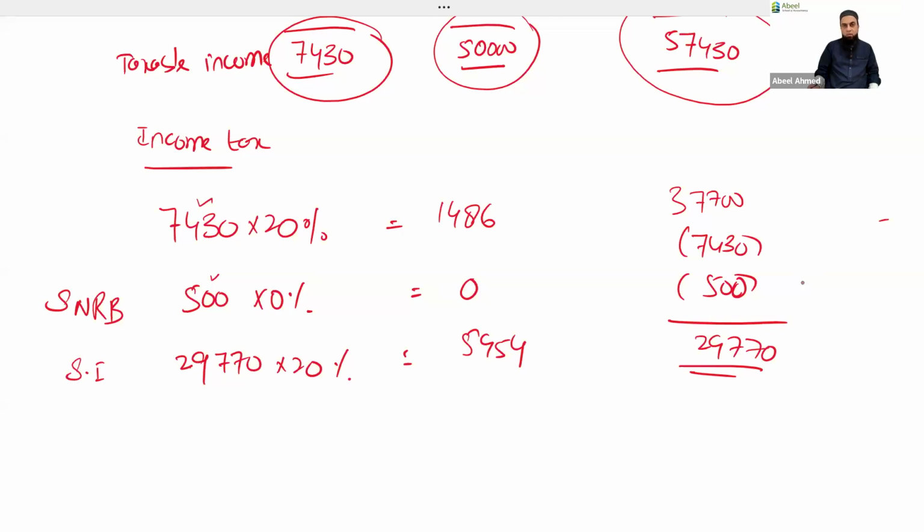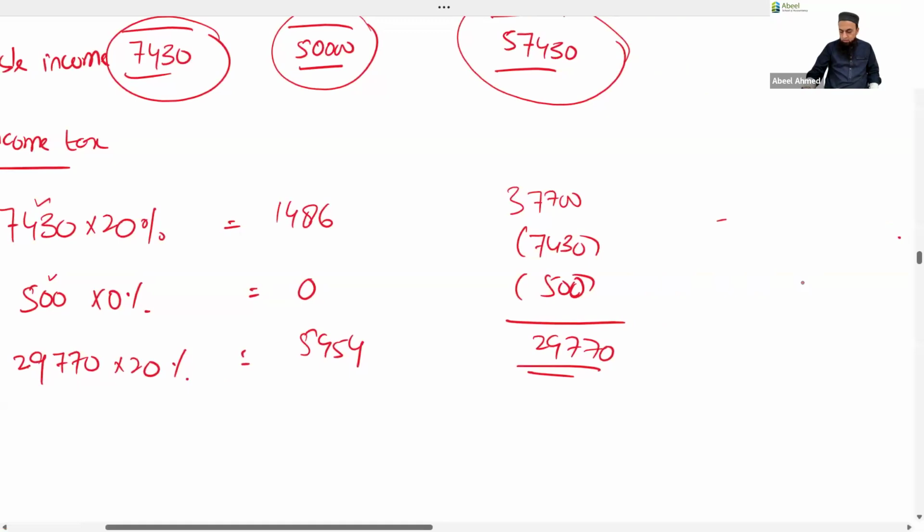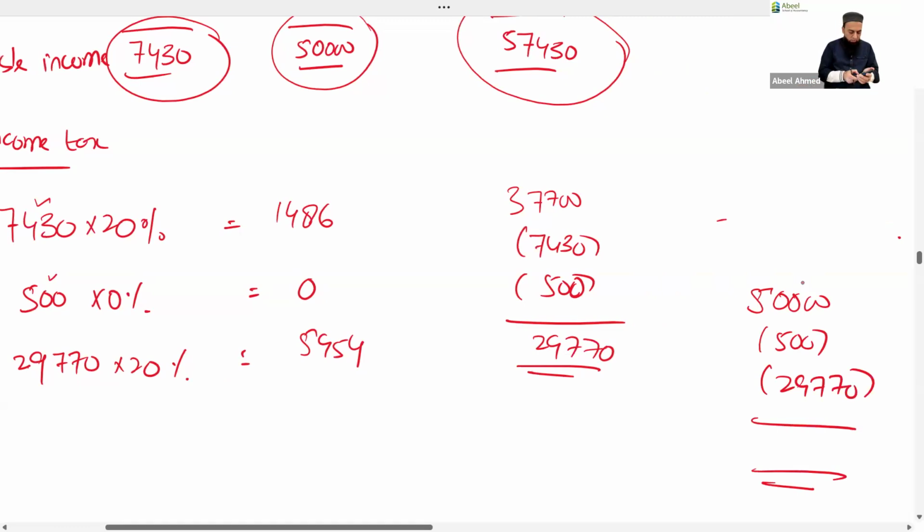Obviously, now we do not have any space in the basic rate band. So the remaining saving income actually falls in higher rate band, where applicable tax rate is 40%. Your taxable saving income is 50,000. Out of this 50,000, 500 we have taken in nil rate band, 29,770 we have taken in basic rate band. Now, whatever amount is left, that falls in higher rate band. 50,000 minus 500 minus 29,770.